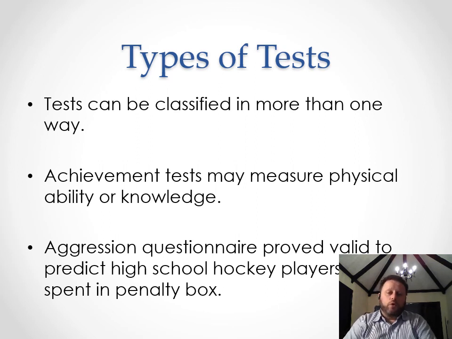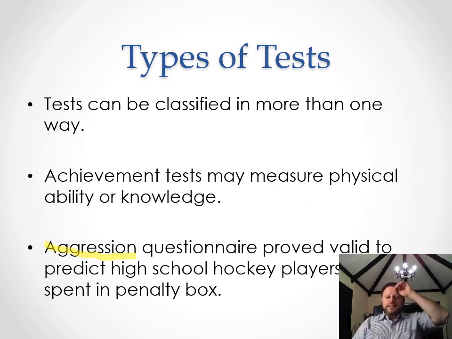And then the fourth category is personality, right? And that could be your honesty, your integrity, your extroverted versus introverted nature, all kinds of personality-based things. So one example of a sort of personality test was what's called an aggression questionnaire. This measures anger.